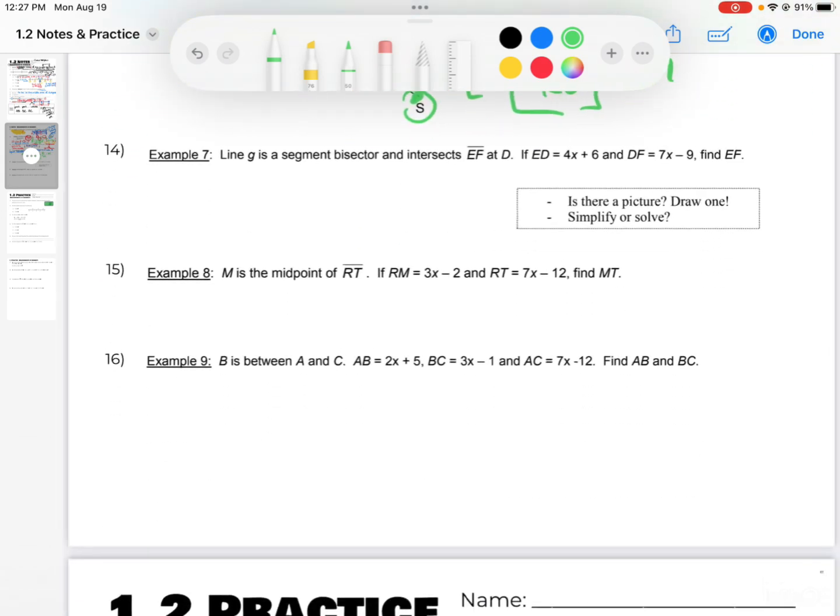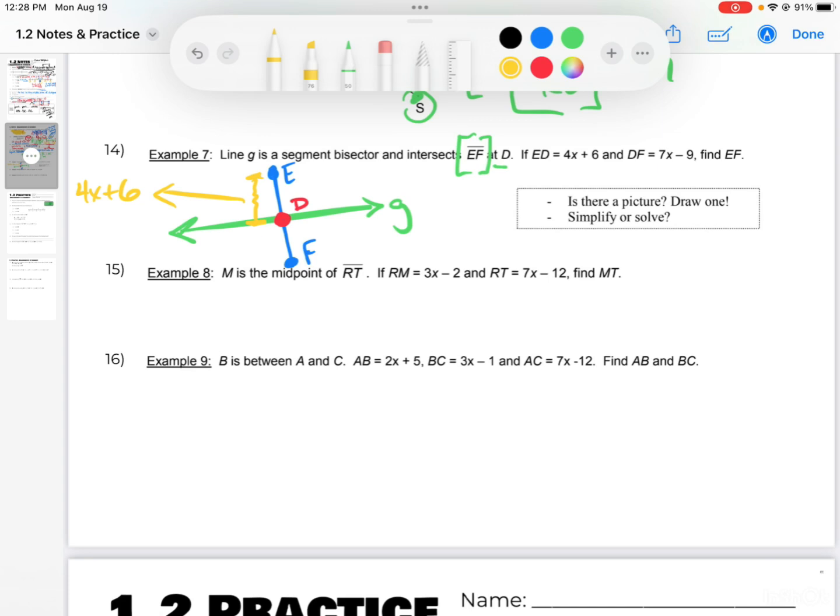Line G is a segment bisector, and it intersects EF at point D. It says from E to D, that segment right there, equals 4x plus 6.